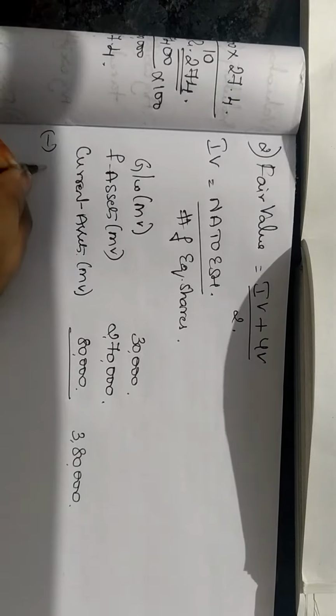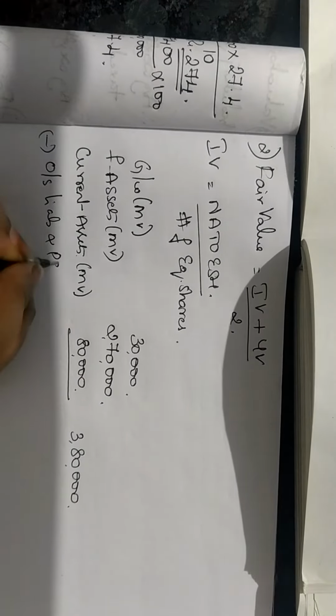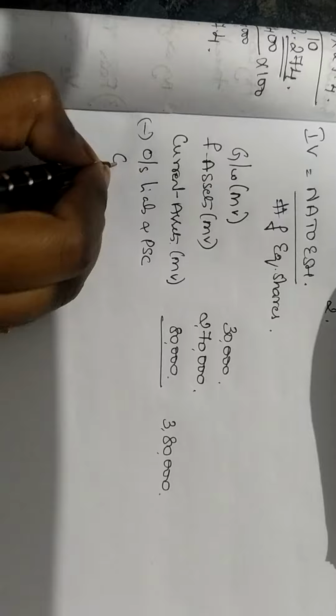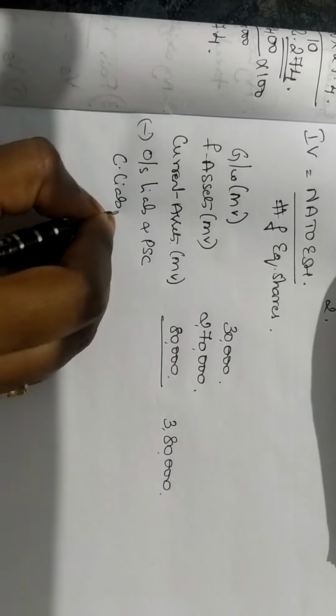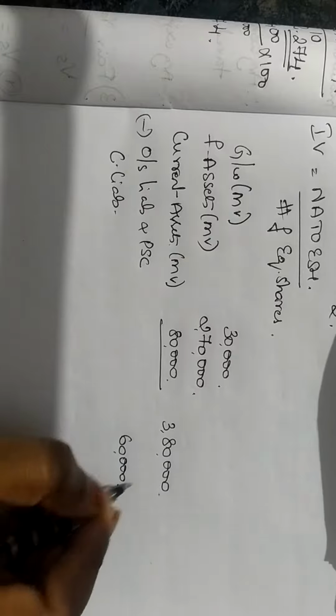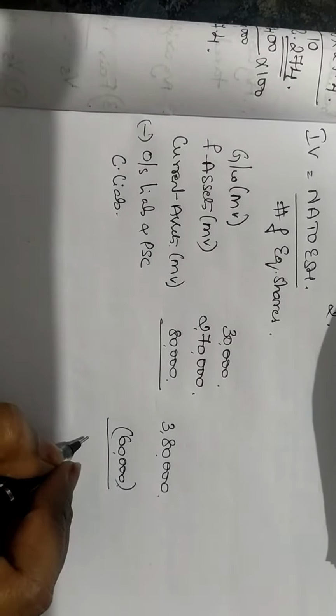Now I have to minus the outside liability and preference share capital. Since you don't have preference share capital, I am only minusing the outside liability. You only have current liability, which is given in the problem, that is 60,000. Okay. So when you minus these two, you get 3,20,000.